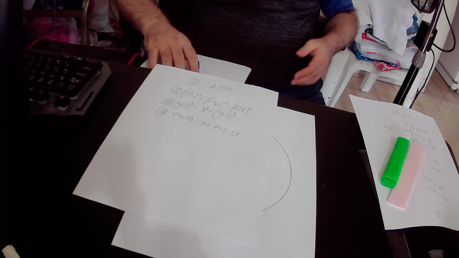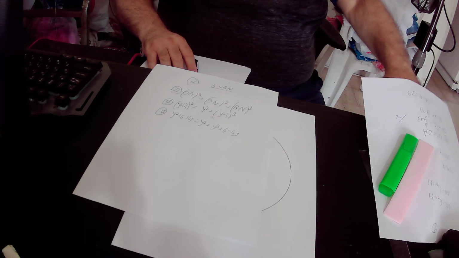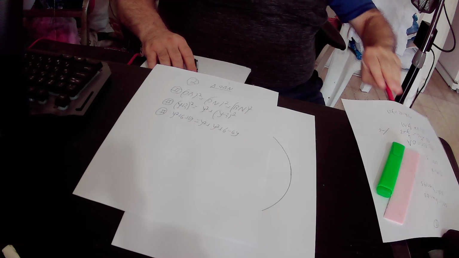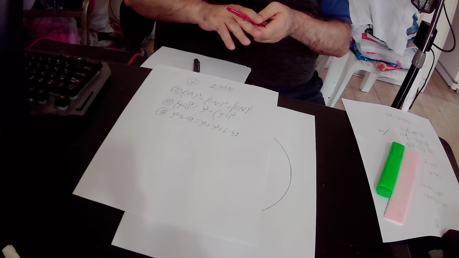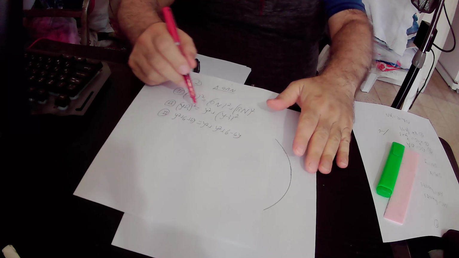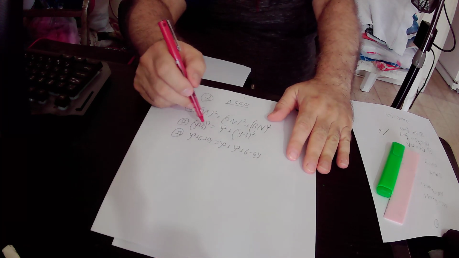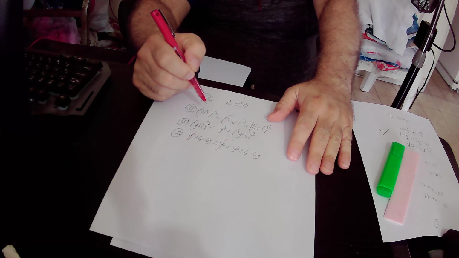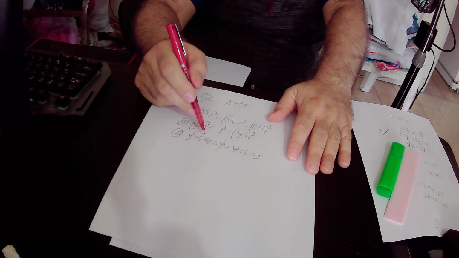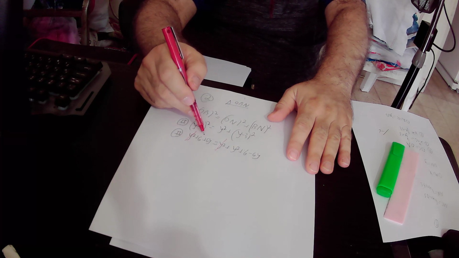Okay, in the next step we can cancel y square because we have y square on both sides of the equation, and we also can cancel 6 because we have 6 on both sides of the equation.